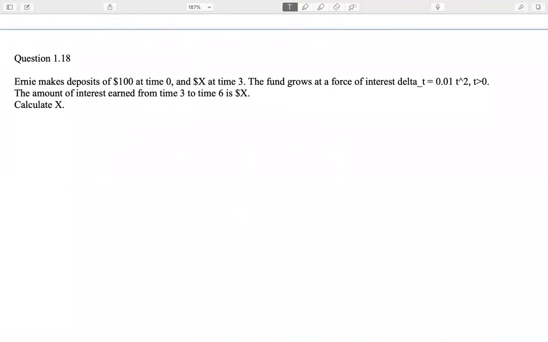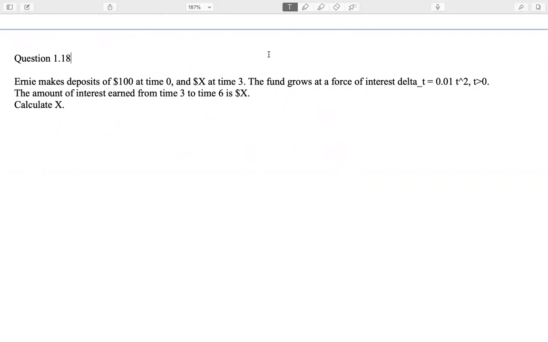I give you 30 seconds to read the question. Okay, question 1.18 asks you for the force of interest, right? So it's continuous interest, and it's rather difficult to type delta.